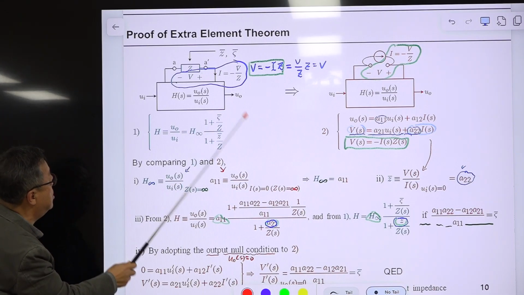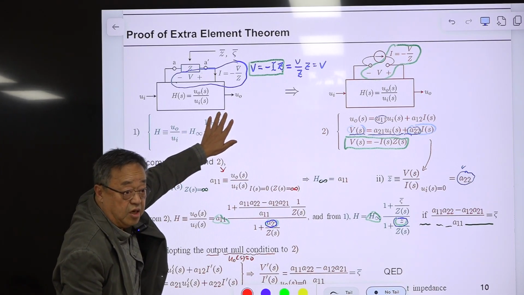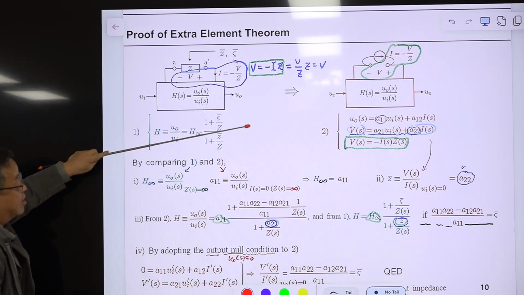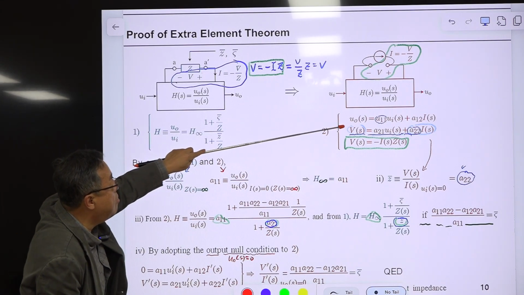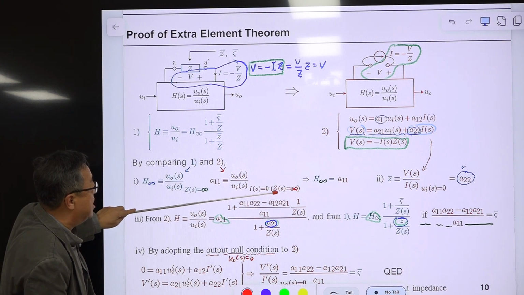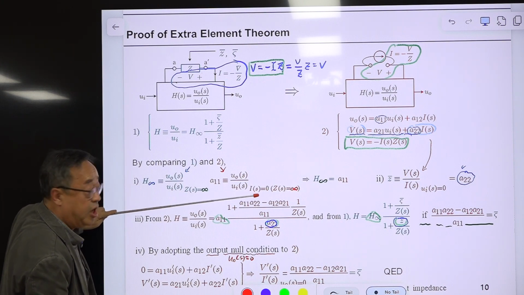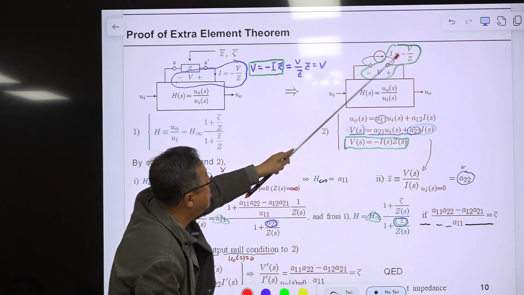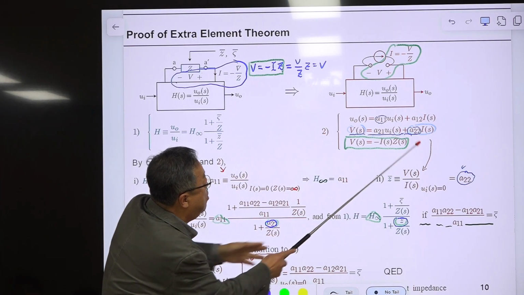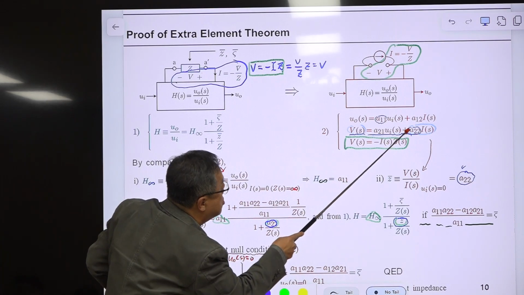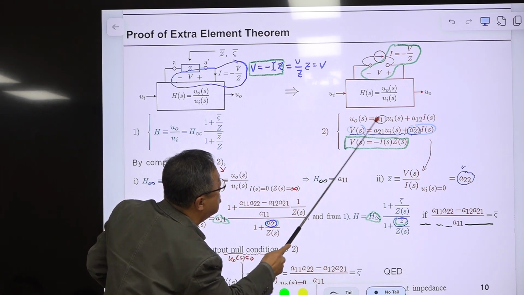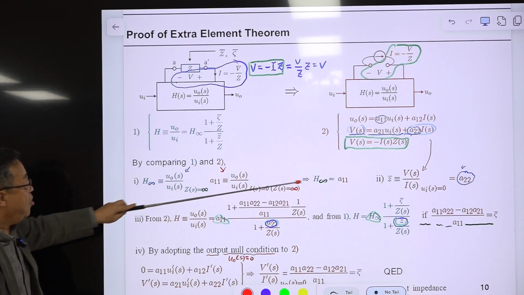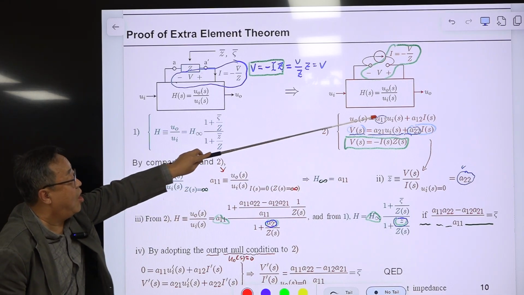If G is infinity, this becomes unity, then this is the H infinity. Go back to here. When G is infinity, then I becomes 0. Right? Because I is this one, and this is infinity, so I becomes 0. Then here I becomes 0, this is 0, and the ratio of this is A11. So we know this H infinity is just A11 here.